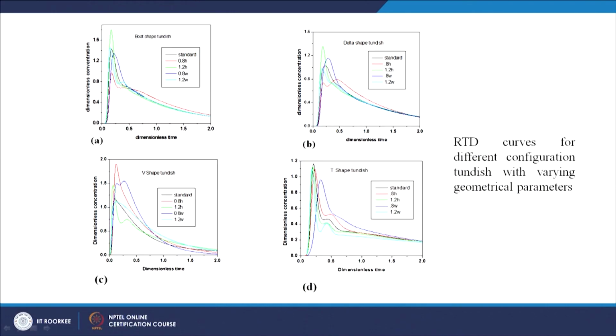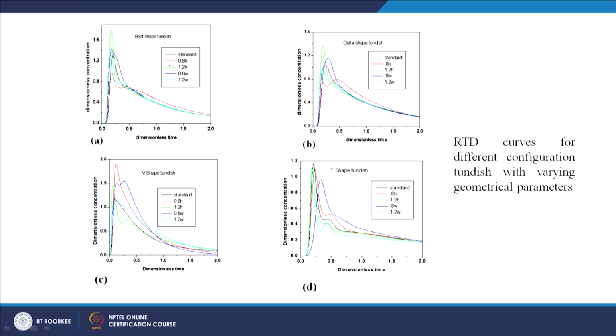In the V shape we have already seen that it will be starting quite early, and the T shape will be starting the most late. Now, what you see is that this red portion is the change in height, so it will be the smaller one, and the smaller width will be blue.